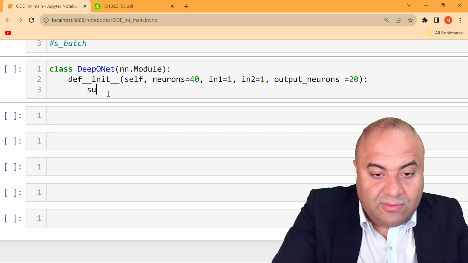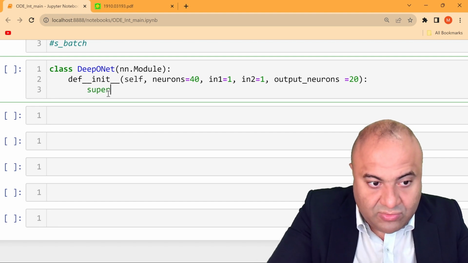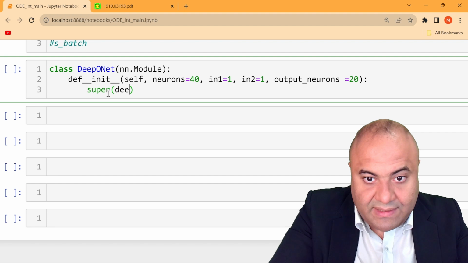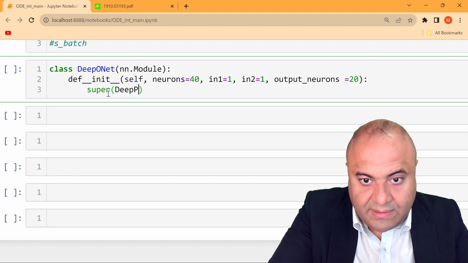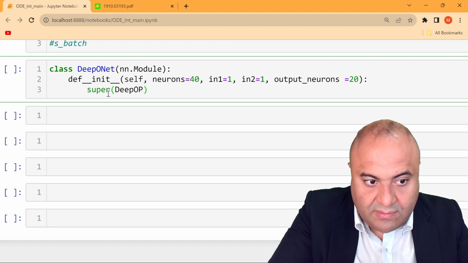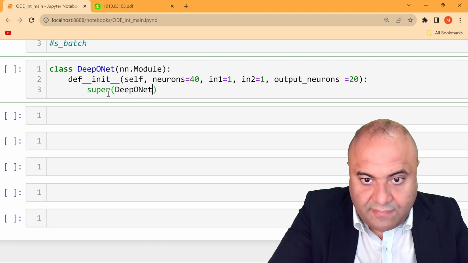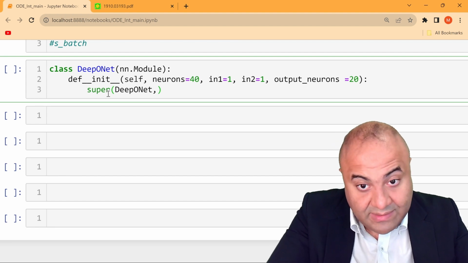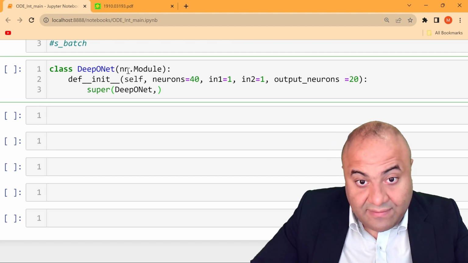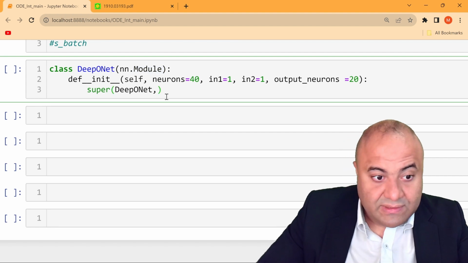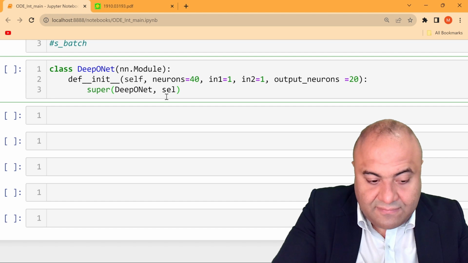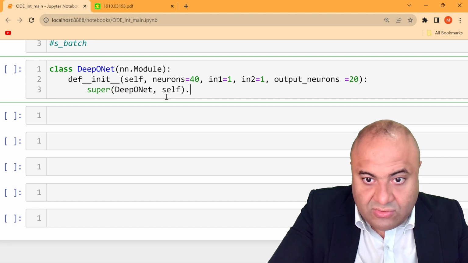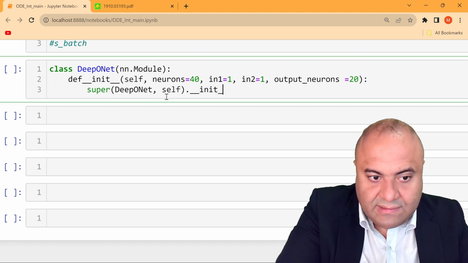So here we also import everything from the super, the same as all neural networks. We just import the same thing from the neural network module, and self dot init.